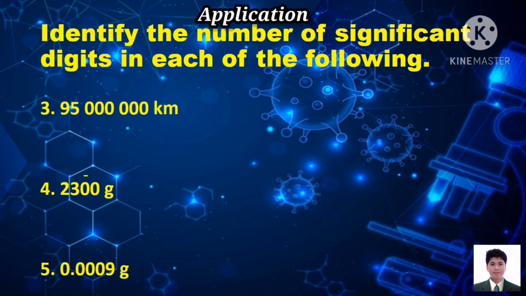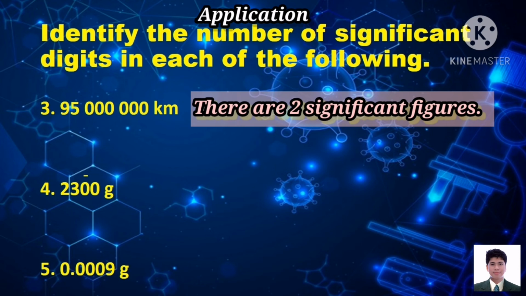Learners, in number 3, how many significant figures are there in 95 million kilometers? So learners, what is your answer? Brilliant! The correct answer, there are 2 significant figures.